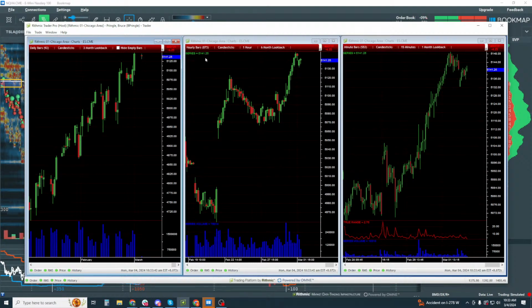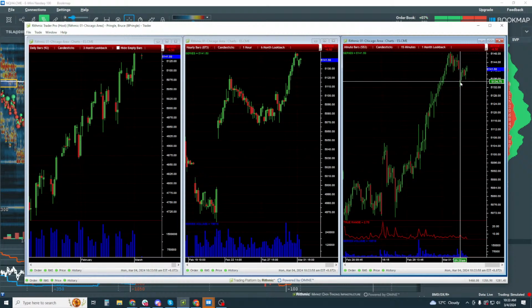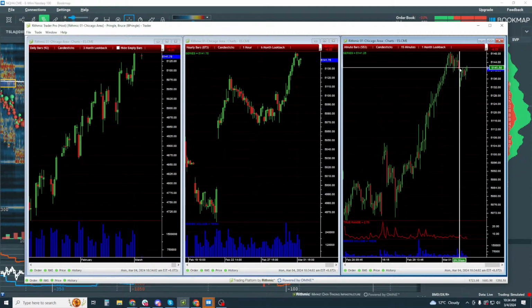We're basically just chopping around in here. You can see the gap on the hourly or even on the 15-minute chart. Now that gap's been filled on this 15-minute chart. You can see we opened up down here, and we see the move back up to here to fill the gap.